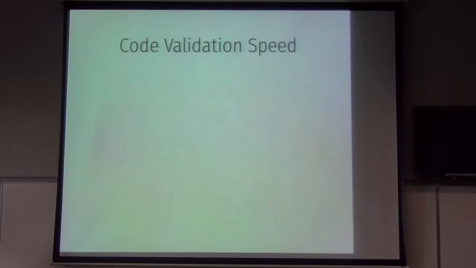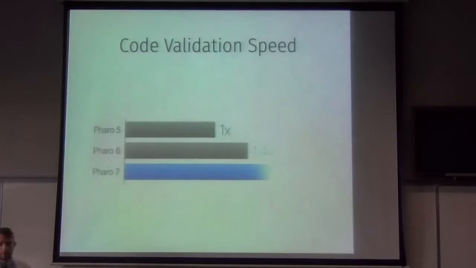So what we did, we actually took all the methods from the Pharo image, ran all the rules from the Pharo image, from Pharo 5, Pharo 6, and the alpha version of Pharo 7 that has our changes. And we tried to calculate the average speed, how much time it takes to check one method by one rule. And these are the results.